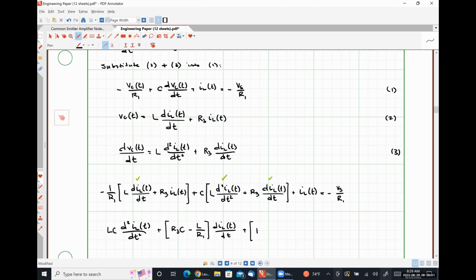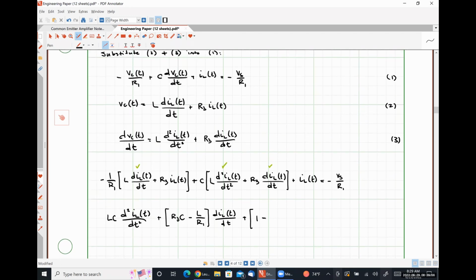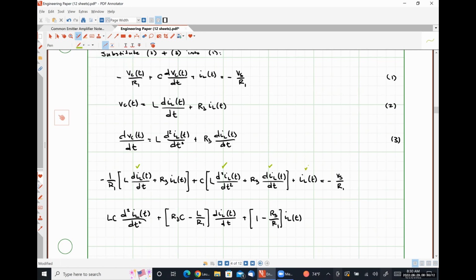And then I'm going to have minus, sorry, my page keeps moving on me, R3 over R1 IL of t, which comes from this term and this term, is equal to negative VS over R1.